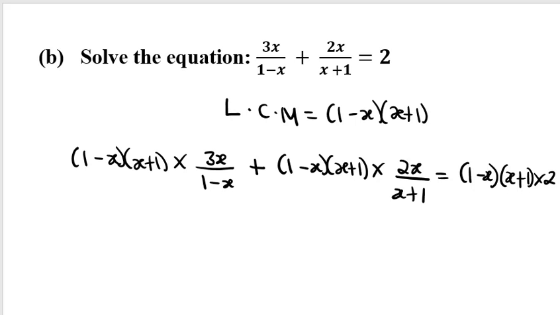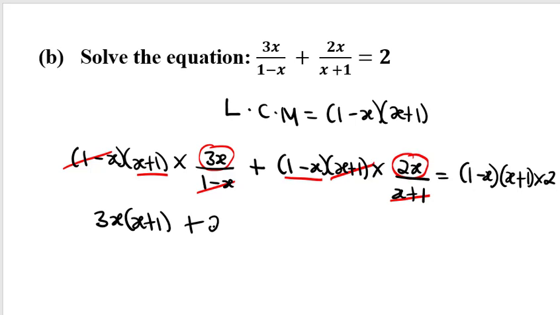Now 1 minus x is going to cancel 1 minus x. So you are going to be left with x plus 1 multiplying the 3x. So we'll be having 3x multiplying x plus 1. Once again, this x plus 1 is going to cancel this x plus 1. So you'll be having 1 minus x multiplying 2x, so you have plus 2x multiplying 1 minus x.